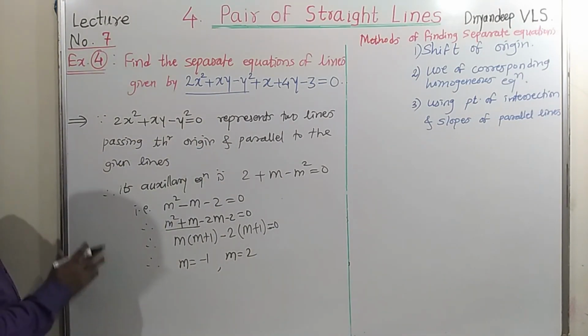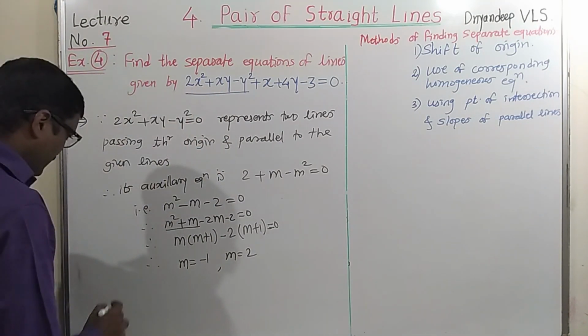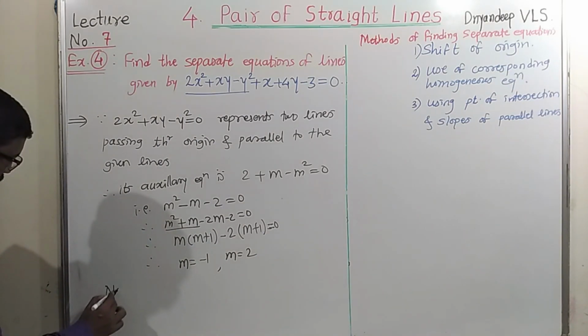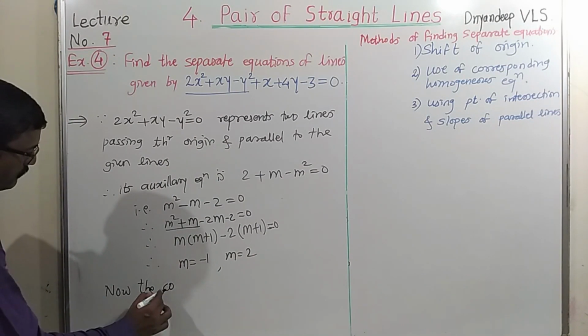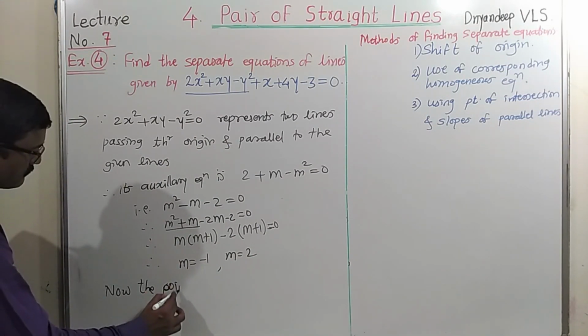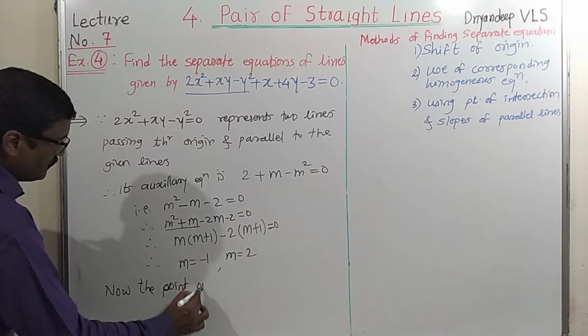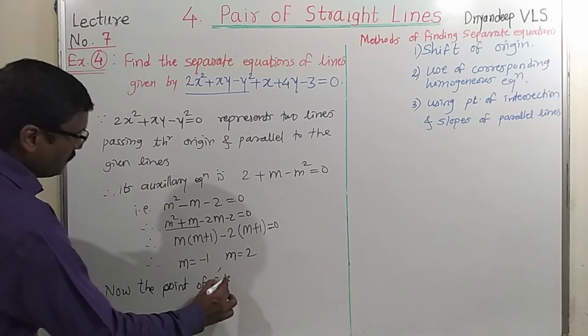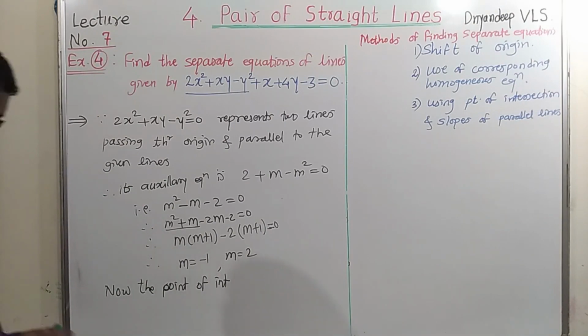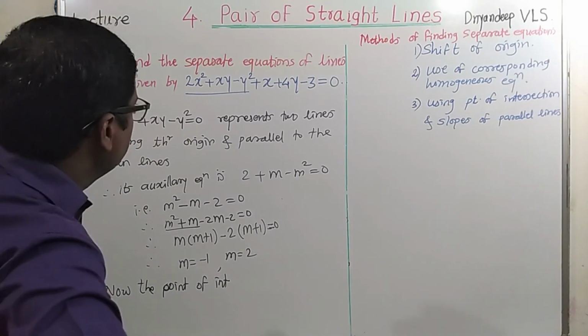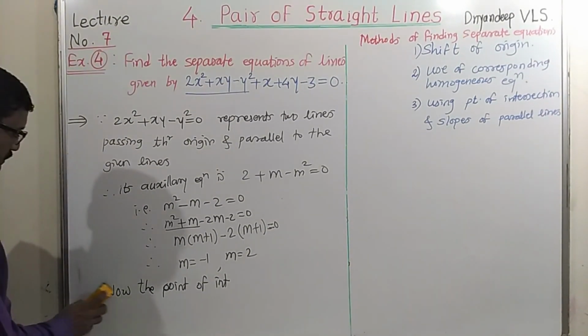Now the second step, to find the point of intersection. Before that, let us find the values of A, B, C, F, G, H from the given expression.